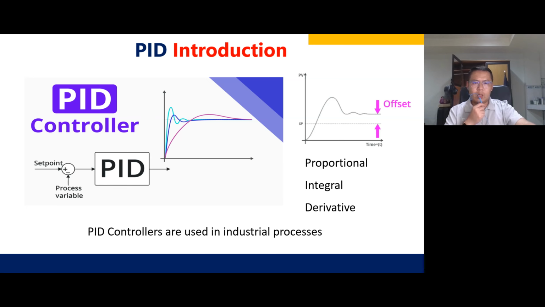PID controllers are a type of feedback control system that use feedback to control a process or system. They are widely used in industrial applications such as manufacturing, robotics, and process control.